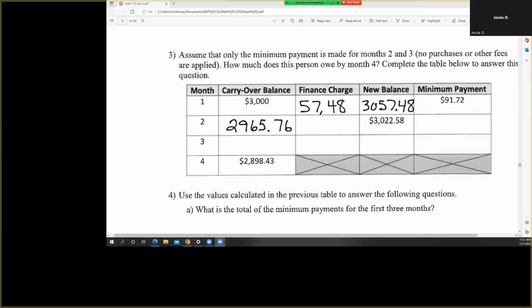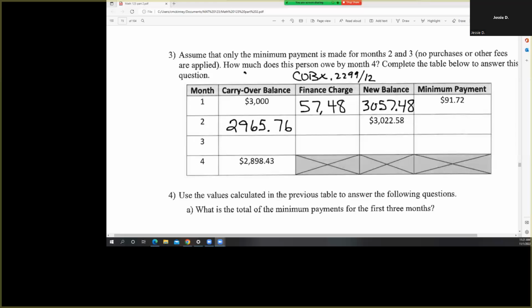So now what is our finance charge for month two? Use your finance charge. $59.22, I did not get that. 29.65.